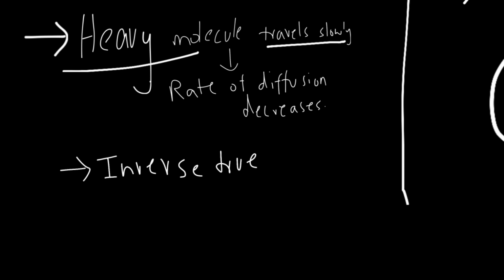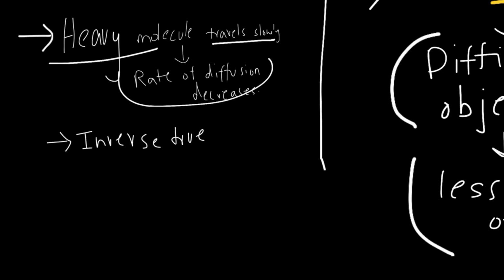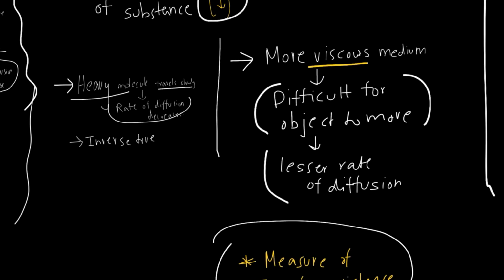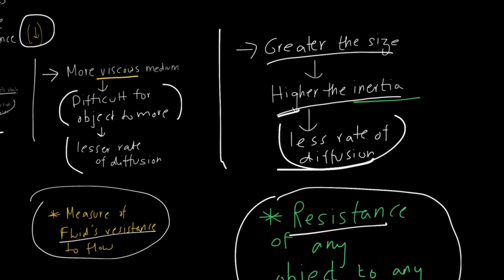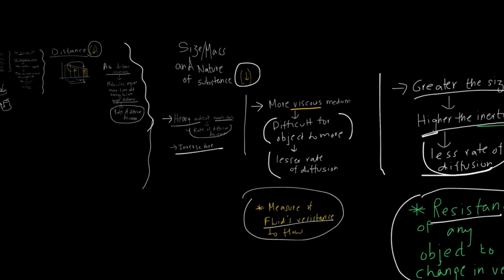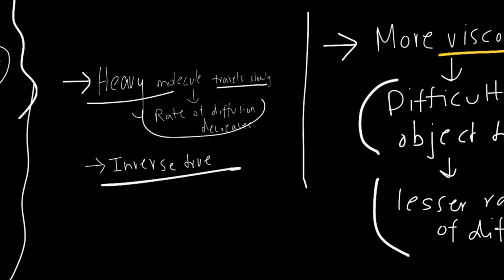So the rate of diffusion decreases. Now in all these three cases, the inverse is true as well. So if you put it in a less viscous medium, the rate of diffusion will increase. If you decrease the size, the rate of diffusion will increase, and if you take a lighter molecule, the rate of diffusion will also increase in this case, right?